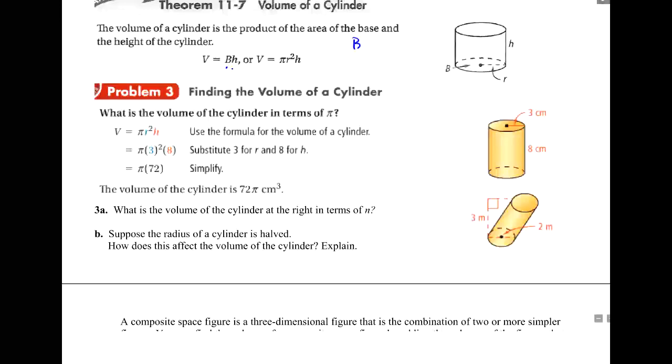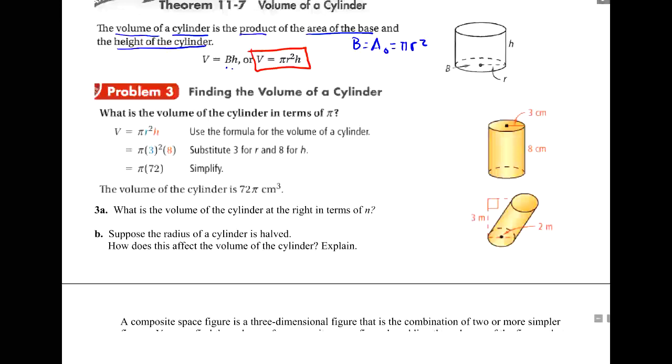Well, what shape is the base? That's simply the area of a circle, which is pi r squared. If we put that in, the volume of a cylinder is the product of the area of the base and the height of the cylinder. It's exactly the same, but our formula is special. Volume equals pi r squared h is true for every cylinder you are going to run into.